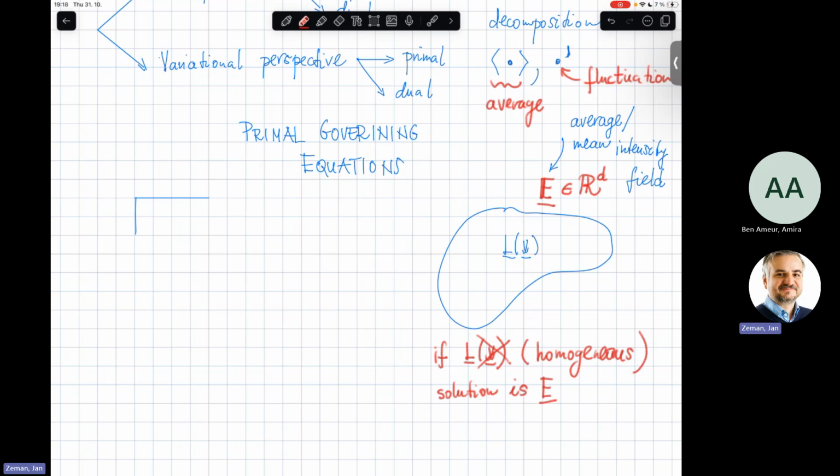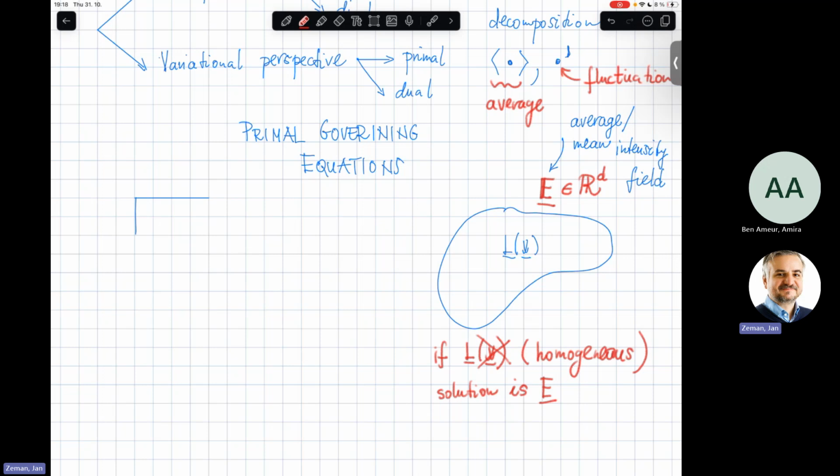Okay? So here, there is nothing additional to solve. But if you have a body which is heterogeneous, then because of this heterogeneity, some parts of the body are better conductors of heat, or they are stiffer than the other one.